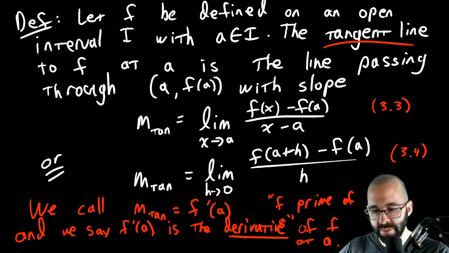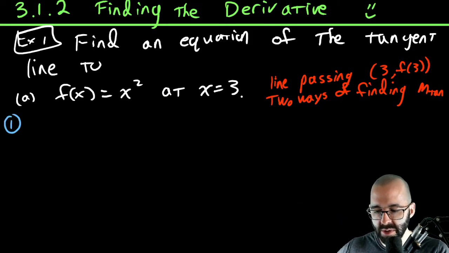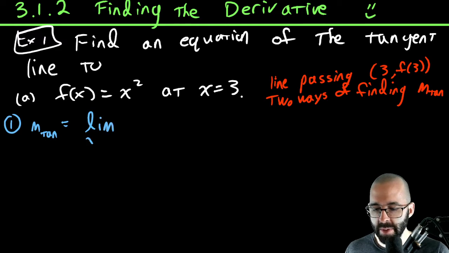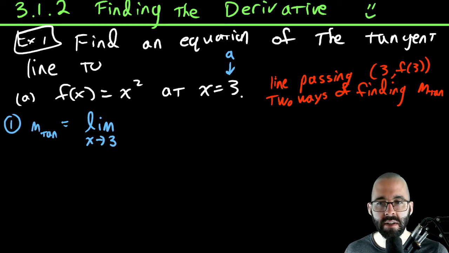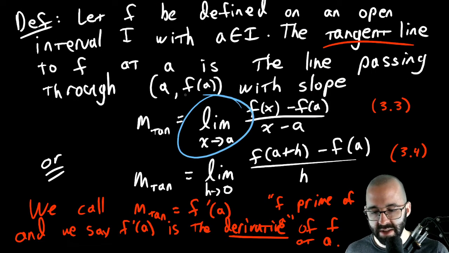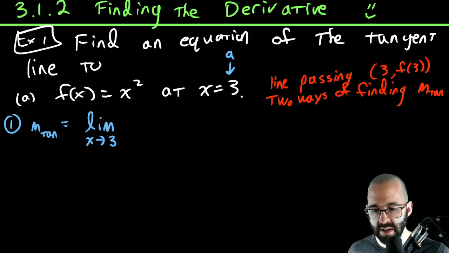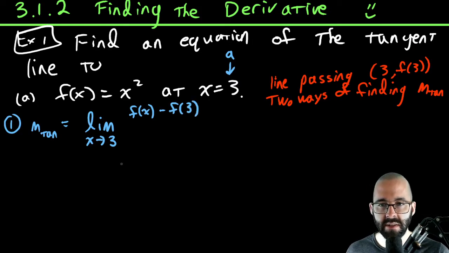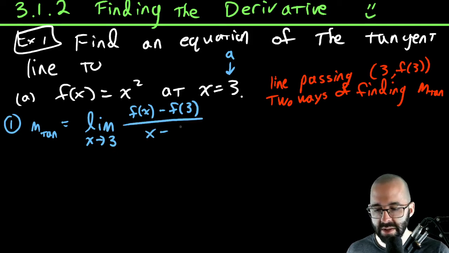All right, so I'm going to show you both ways of finding the slope. Here's the first one. The slope of the tangent line, aka the derivative, is equal to the limit, I'm just copying down the definition, as x approaches A, here 3, of f of x minus f of A, which is f of 3, divided by x minus A, again A is 3.